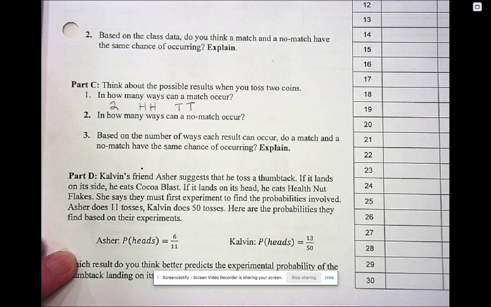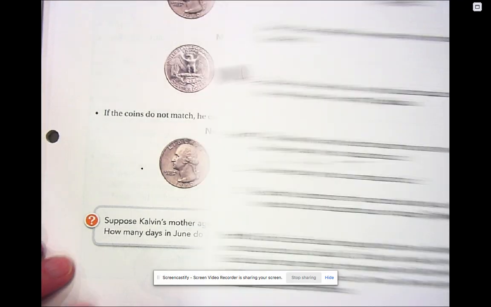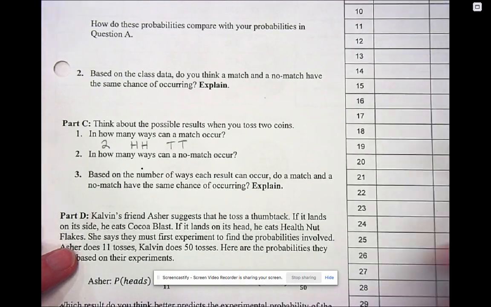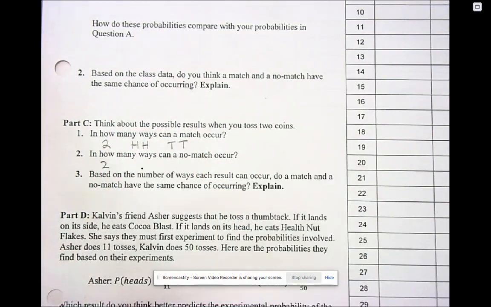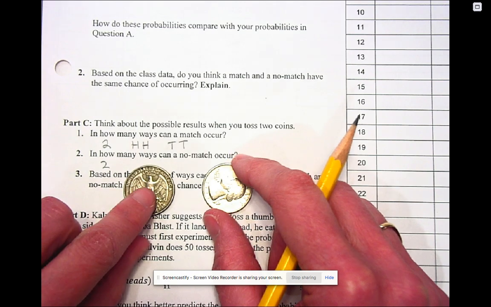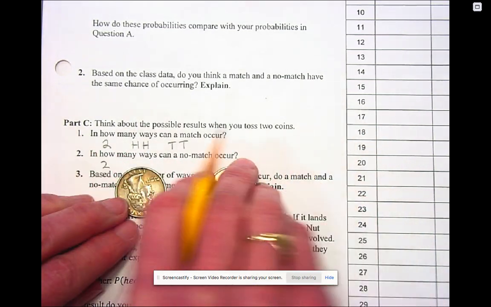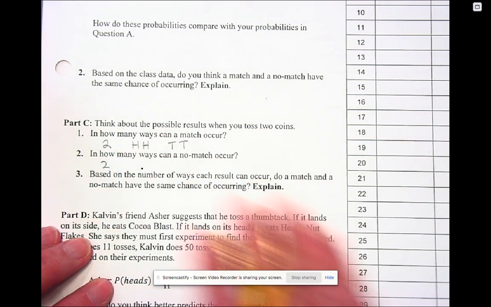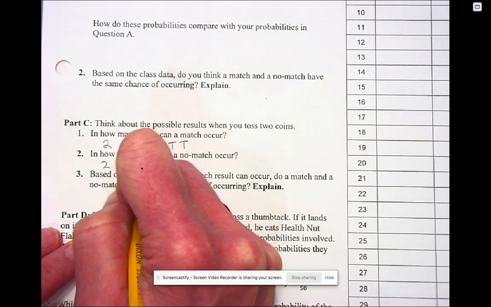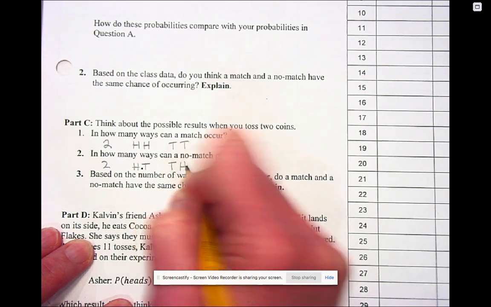All right, this is where he might have been fooled a little bit, okay? Because if you thought there was actually only one way, there's actually two ways. Because if I look at my two coins, I could actually get tails and then head, or I could get head and then a tail. So I could get a head on one coin and a tail on the other, or a tail on the first coin and a head on the other.